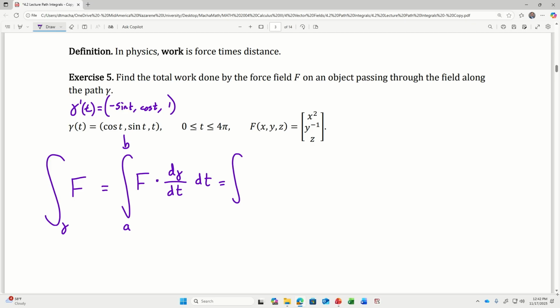So it's the same curve from the previous exercise. We're just reusing it now with a vector field. And this will be 0 to 4 pi.